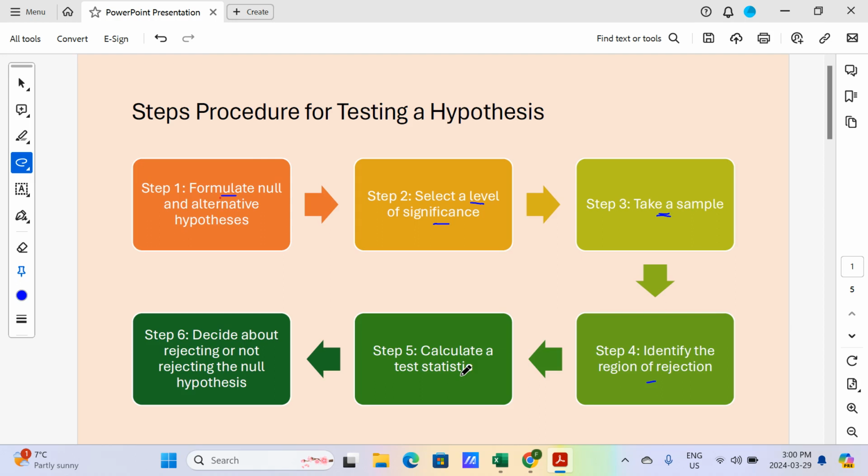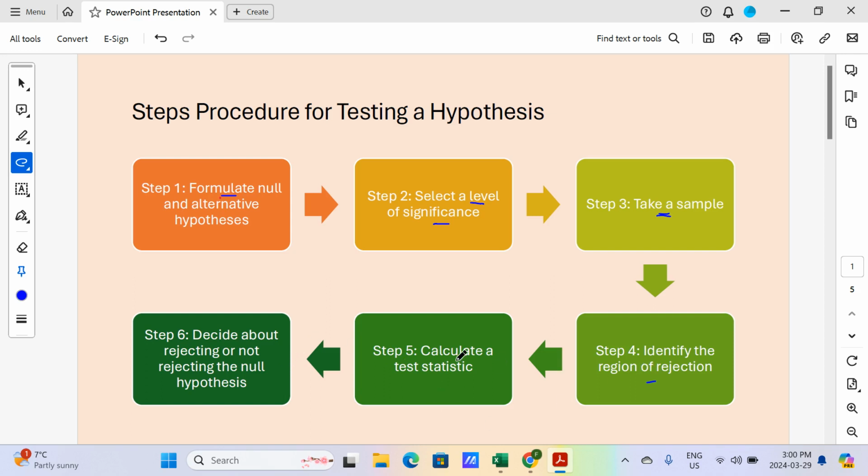But if sigma, population standard deviation, is unknown, it's not given in the question, I need to find the t value of sample mean. Okay, t value. And in step 6, I need to decide about rejecting or not rejecting H0, null hypothesis.